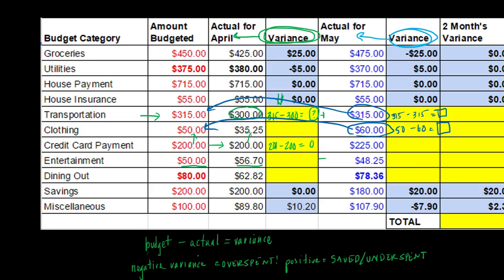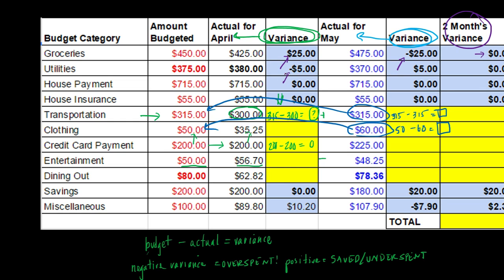Now, there's another column called 2 months variance. That's just asking me to total up my variance over the past 2 months. So you can see the way they've done it here. They had a $25 variance for groceries and then a negative $25 variance for groceries in May. So they added those together and got 0.